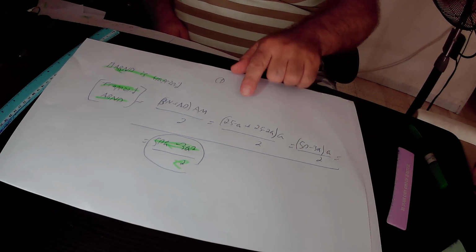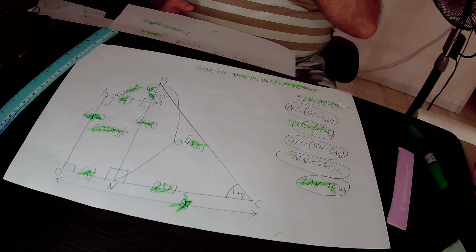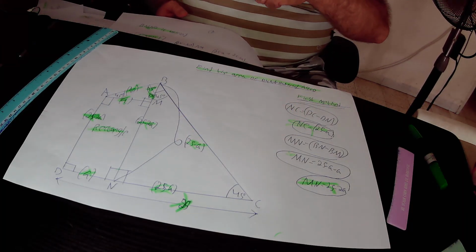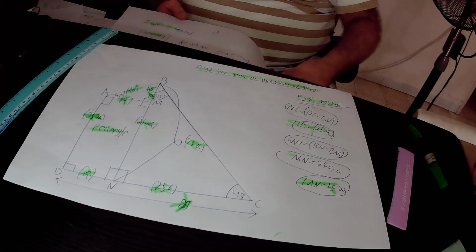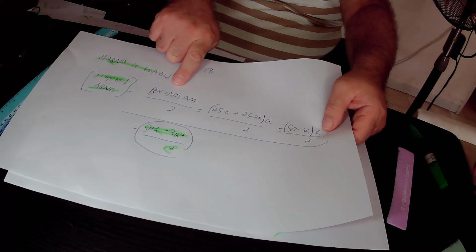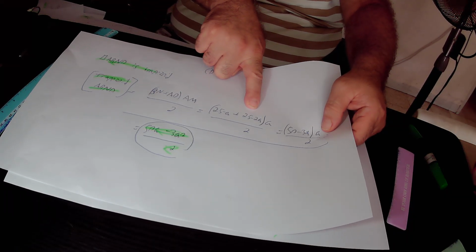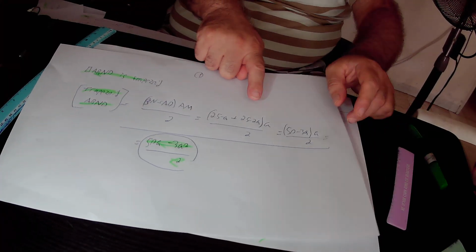BN is 25 minus A, and AD is 25 minus 2A. AM is A, divided by 2.